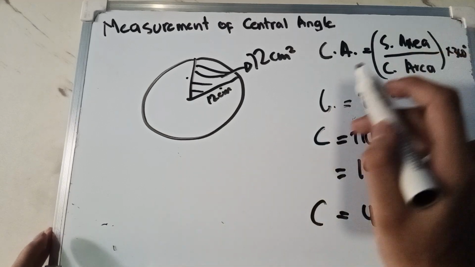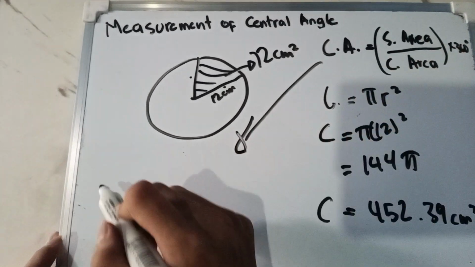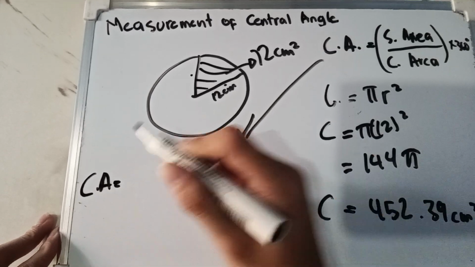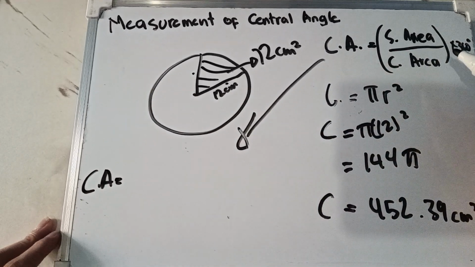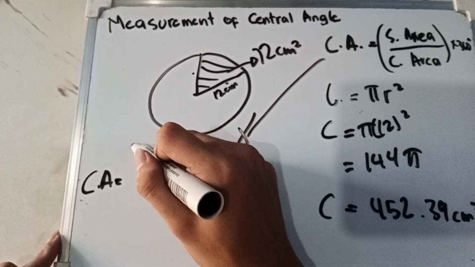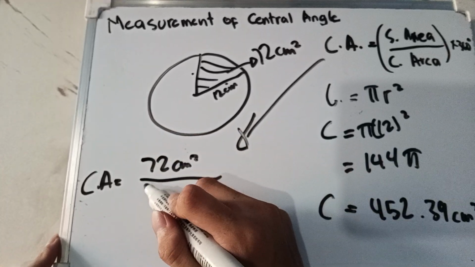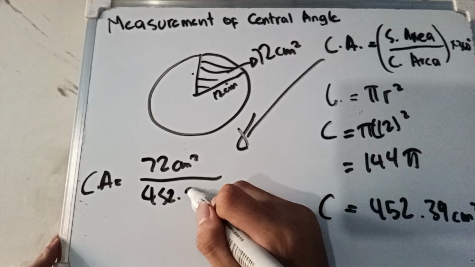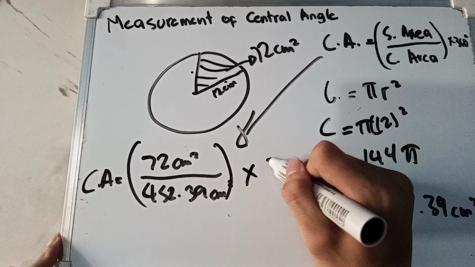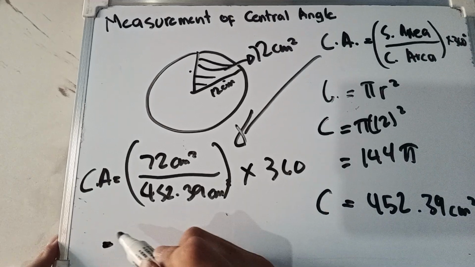Now we can solve the central angle. Central angle again is the sector area over circle area, and the sector area is 72 cm squared, over the circle area, which is 452.39 centimeters squared, then multiplied by 360.